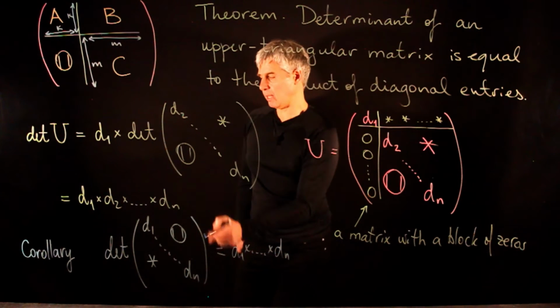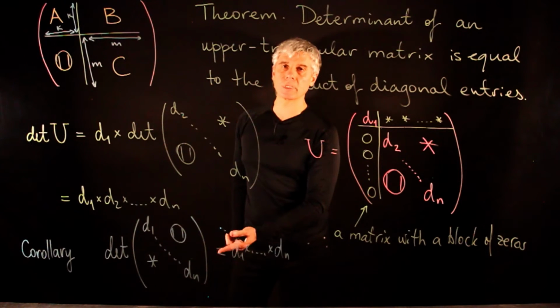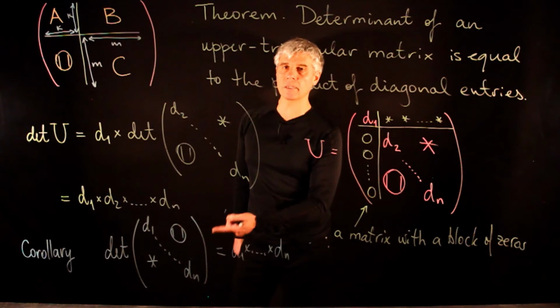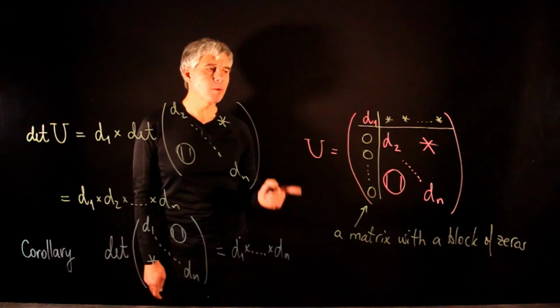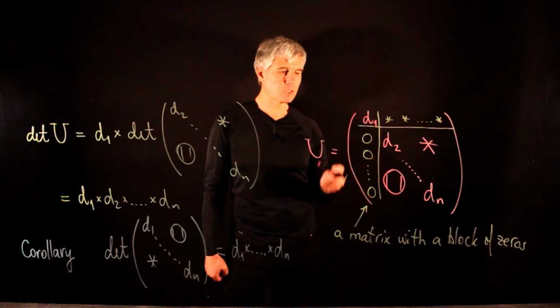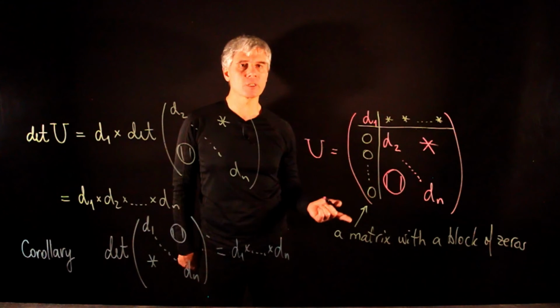We obtain this corollary by taking the transpose of this matrix, and we know that the determinant does not change under the transpose. This provides a shortcut for our main method of computing the determinants of large matrices by using elementary row operations.